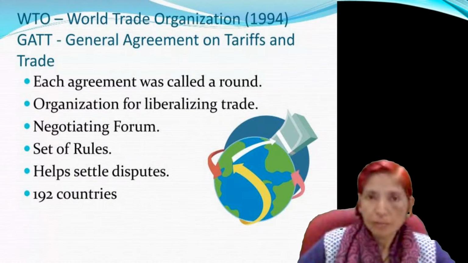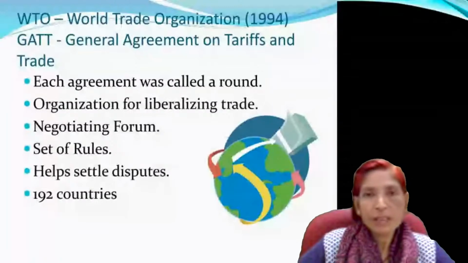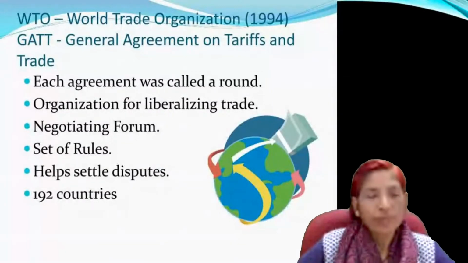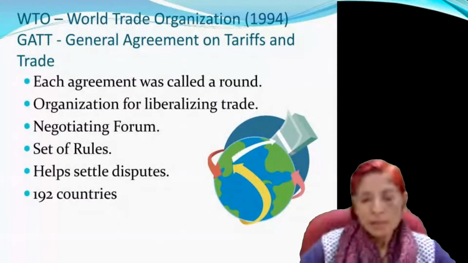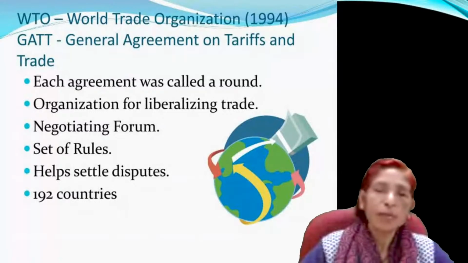It is a negotiating forum and it helps in settlement of disputes which arise while doing international trade. And of the whole world's 192 countries, more than 160 countries are member countries of WTO.